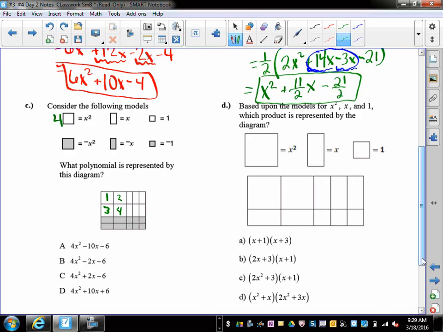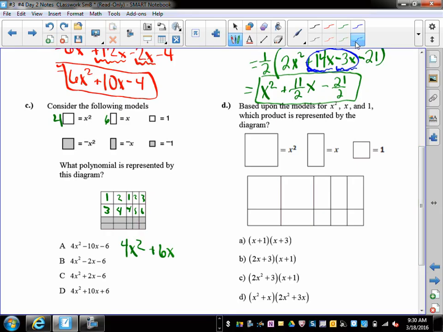How many white rectangles do we have? 1, 2, 3, 4, 5, 6. Do we have any little white squares? No. So far we have a positive 4x squared and a positive 6x. Now we have our negatives.